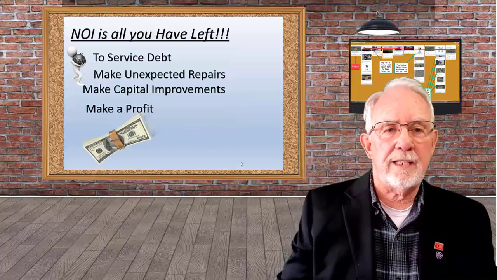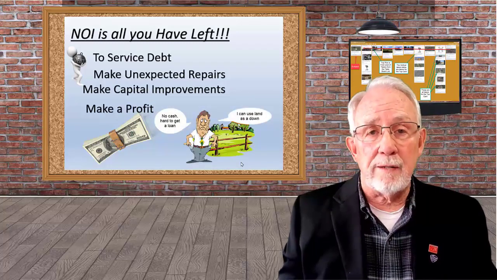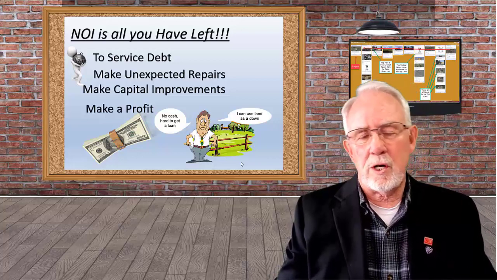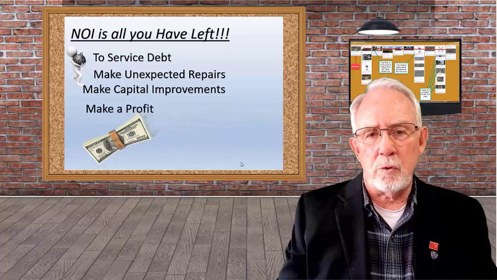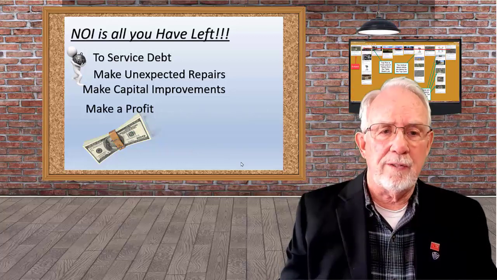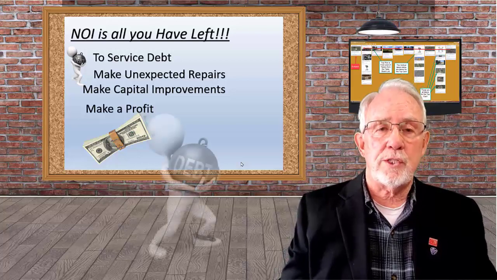Now, look at it this way. NOI is all you have left. When you go over to the cash flow analysis sheet and you start projecting out 1, 3, 5, or 10 years, NOI is all you have. And with most of us, we have to have NOI to service the debt.